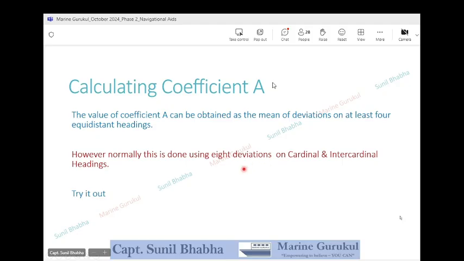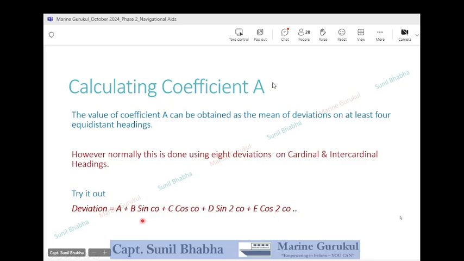Now you can easily try out this method using this formula. This is the same formula which I showed you. Deviation is equal to coefficient A plus B sine compass heading plus C cos compass heading plus D sine 2 times compass heading plus E cos 2 times compass heading.